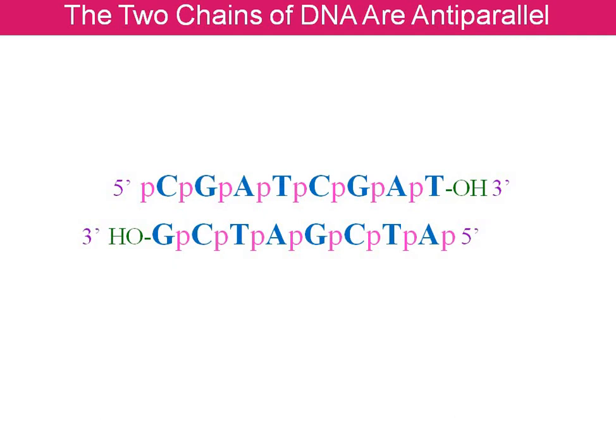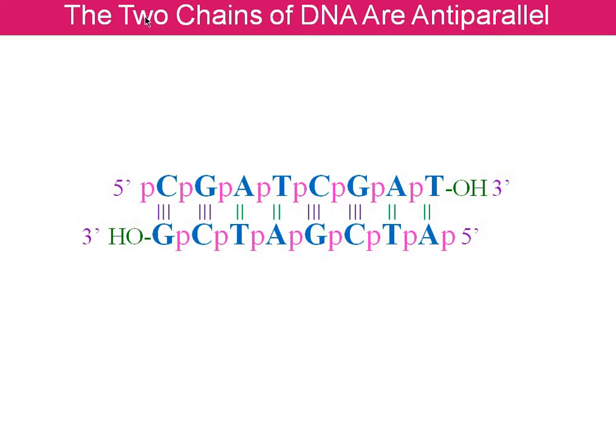are always running anti-parallel. Whenever this pairing occurs, guanine always pairs with cytosine with 3 hydrogen bonds, and adenine always pairs with thymine with 2 hydrogen bonds.